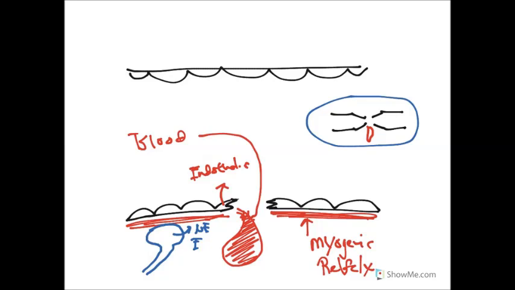This being called a neurogenic reflex, because our blood vessels are being stimulated by neurons, and this is going to cause a strong vascular spasm.